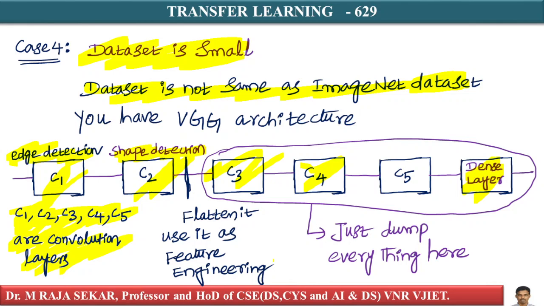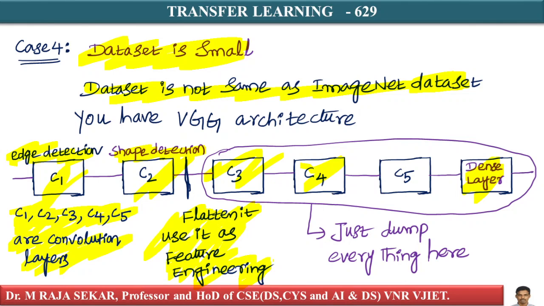So I will take the output that I get here and I will simply flatten it. Just see what I am doing here. I'm taking the output at earlier layers. That's important, isn't it? I'm taking the output of an earlier layer, after C1, C2. C1 is useful for edge detection, let me assume C2 is useful for shape detection.